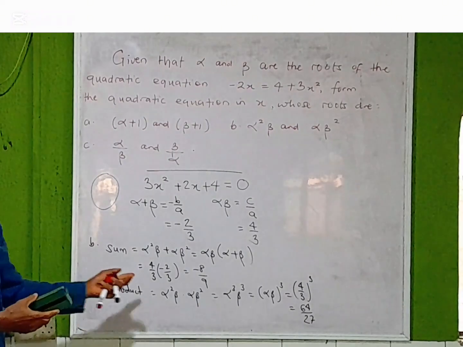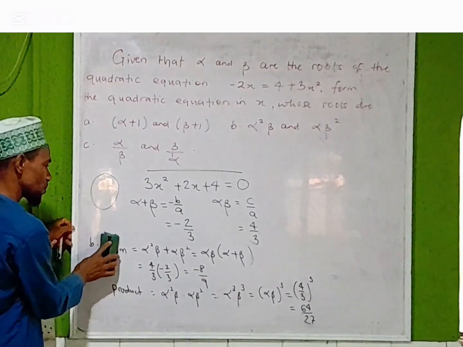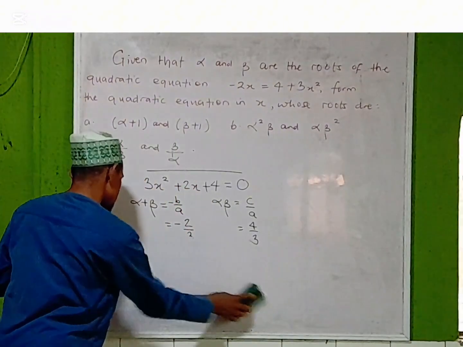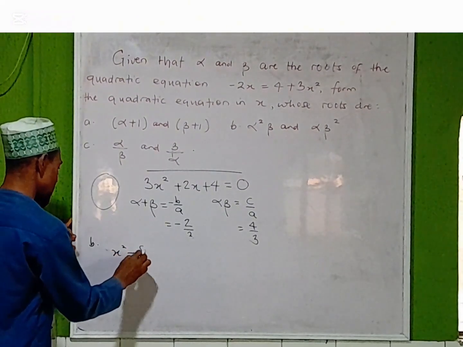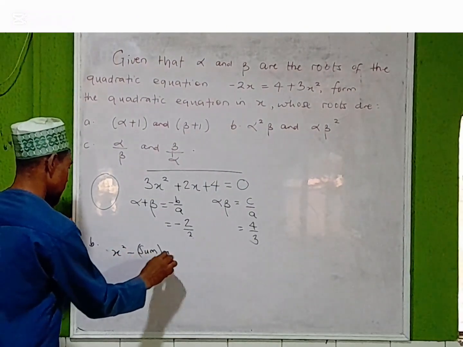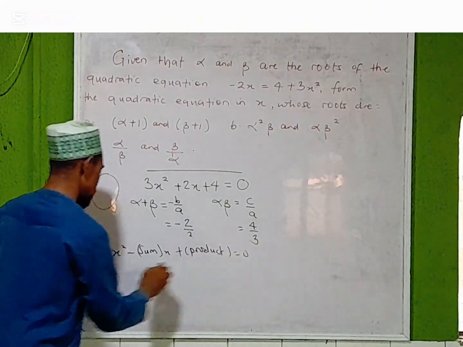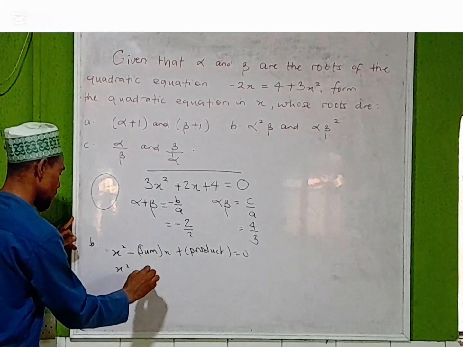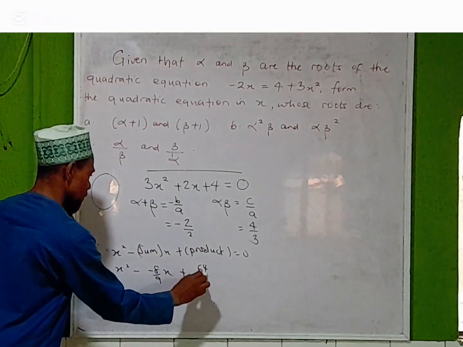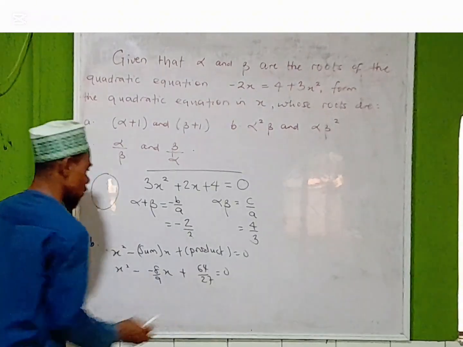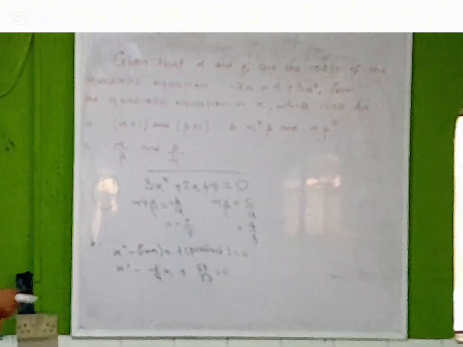And the next thing we do is to substitute this sum and product respectively in the appropriate positions. Minus 8 over 9 and 64 over 27. Remember, the equation is x squared minus sum x plus product equals 0. So you have x squared, the sum was minus 8 over 9 x, and the product was 64 over 27, equals 0. Basically, that's it. The only thing left now is to multiply through by the LCM of denominators.